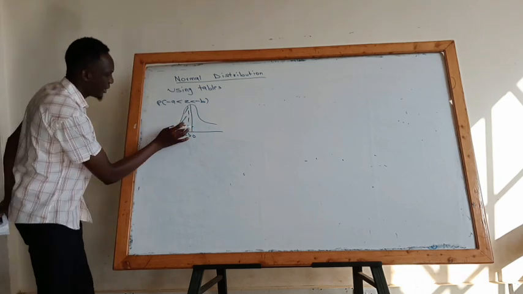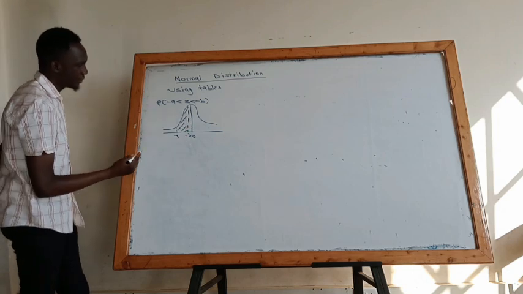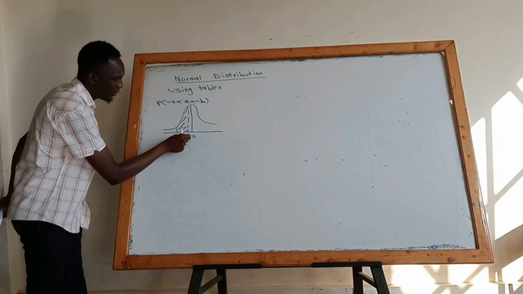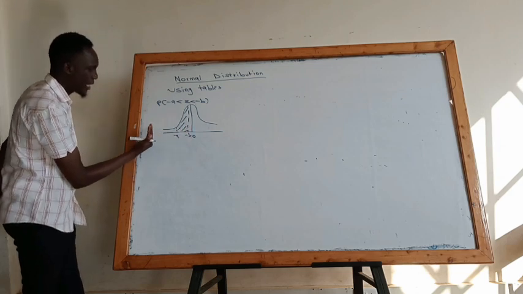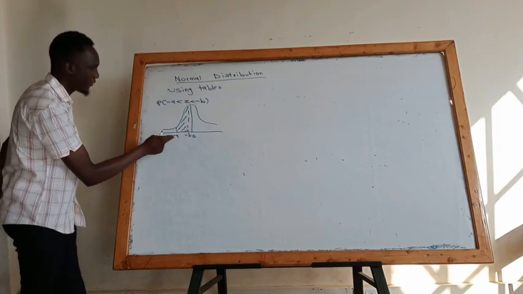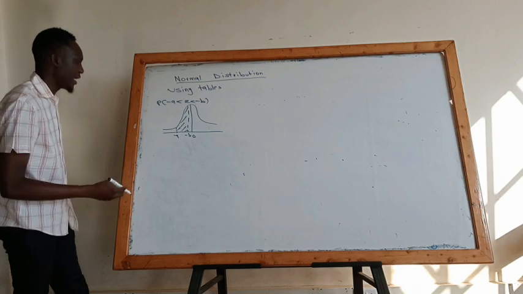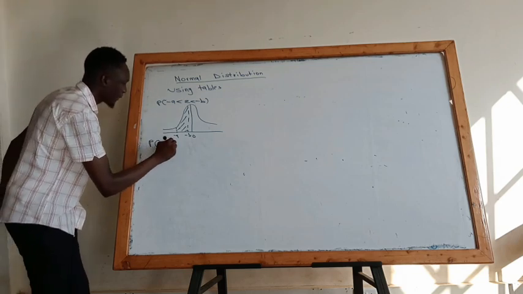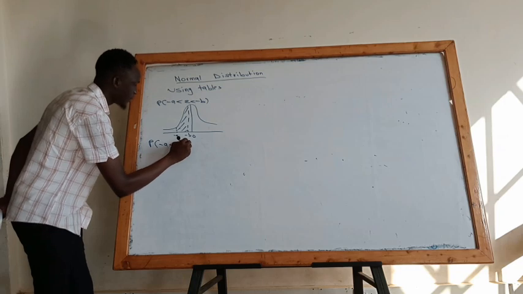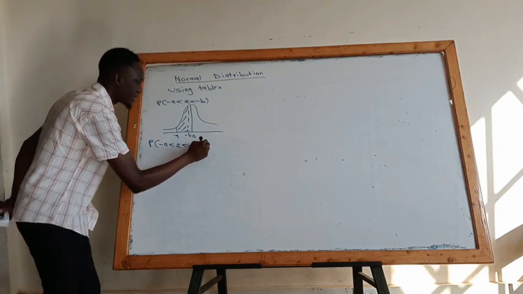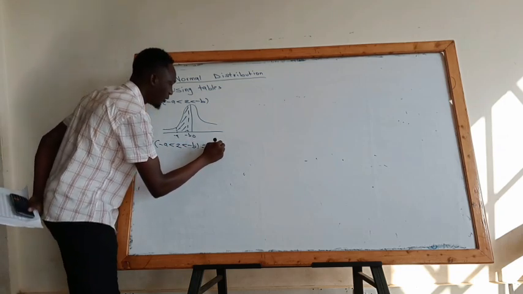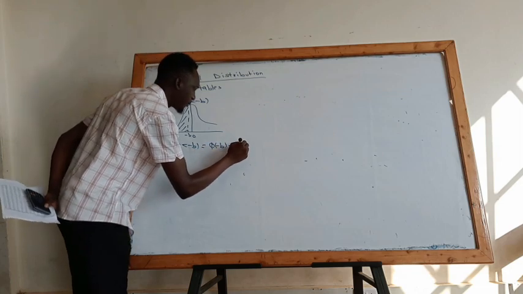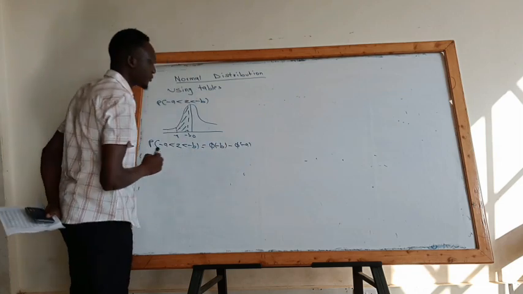To find the area under the curve, we need phi of negative B, which will give us the area to the left, minus phi of negative A, which will give us the area to the left. So the probability that negative A is less than Z, less than negative B, is equal to phi of negative B minus phi of negative A.